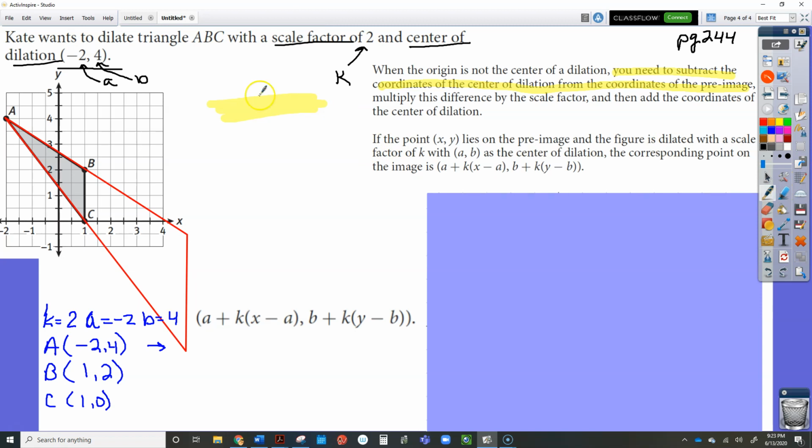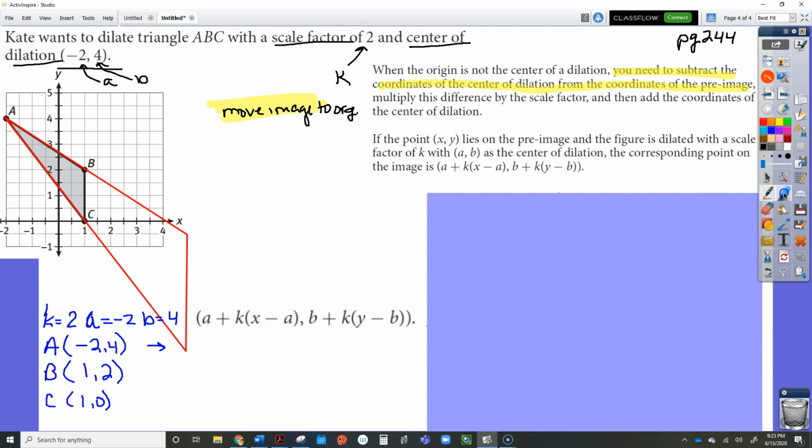What we're doing right there is moving the image to the origin. Okay, we're moving the image to the origin when we do that.